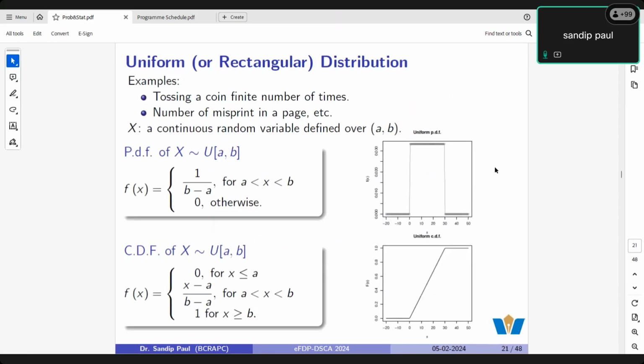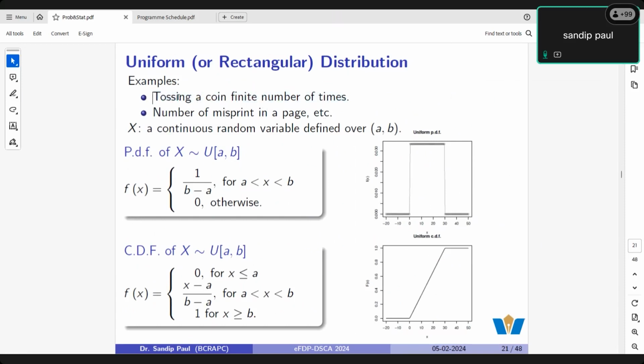Now next we will consider a continuous random variable. A continuous random variable means here we cannot count the number of values of x, so it cannot be countable. So I have made a mistake here. You can see tossing a coin a finite number of times is not possible here.